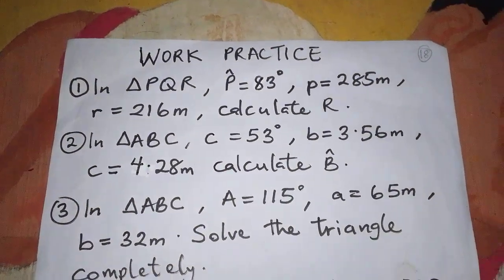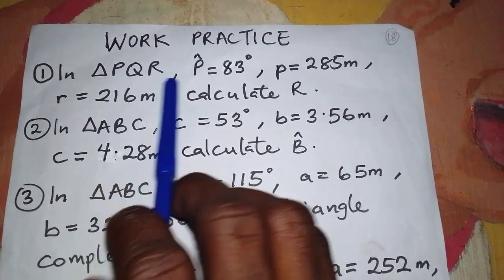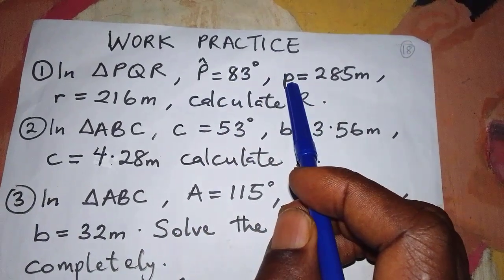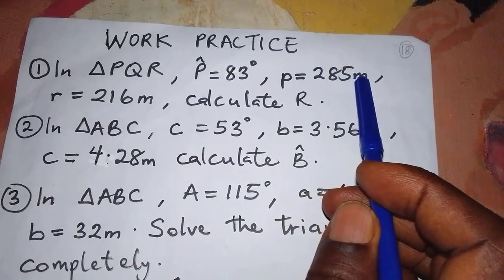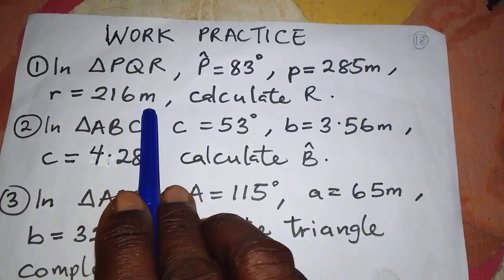So for the work practice, number 1, in triangle PQR, angle P is 83 degrees. The side P is 285 meters. Side R is 216 meters.